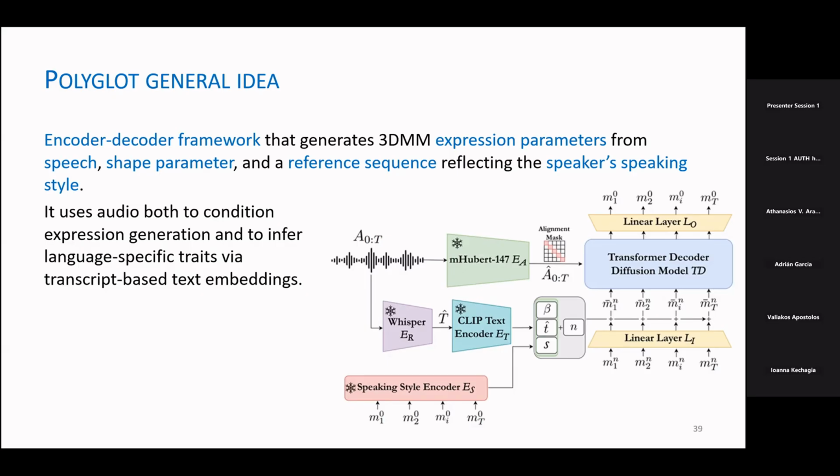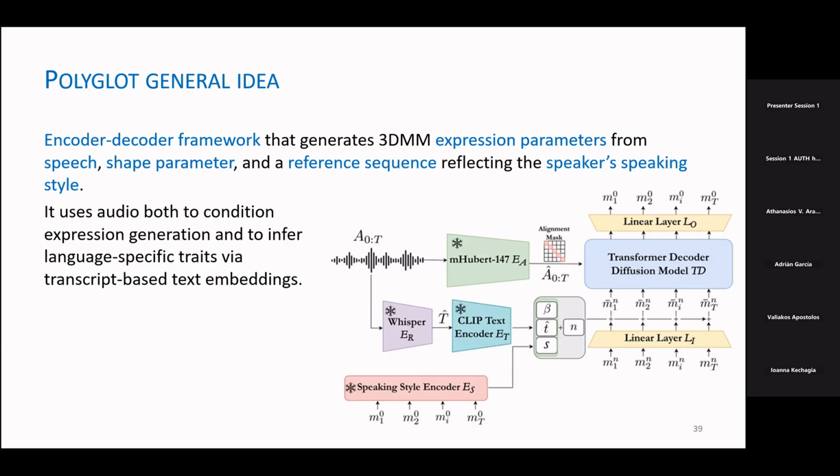And so at the end we are able also to extract some features from the text using the power of the CLIP embedding. So this is the second encoder, and the third one is the encoder that tries to capture the speaking style.